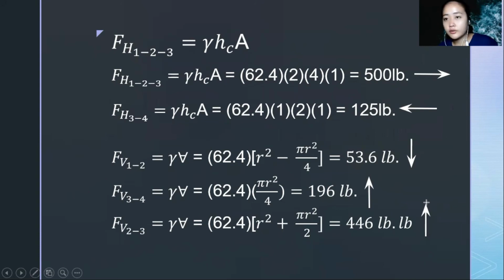So we need to get the total horizontal forces and vertical forces.